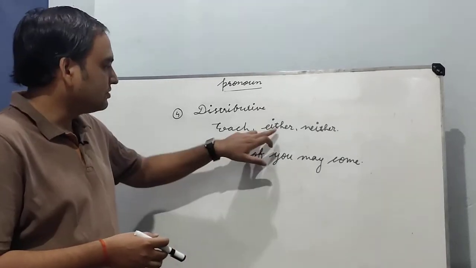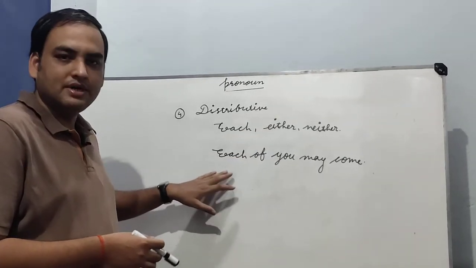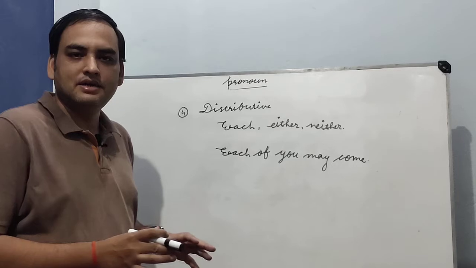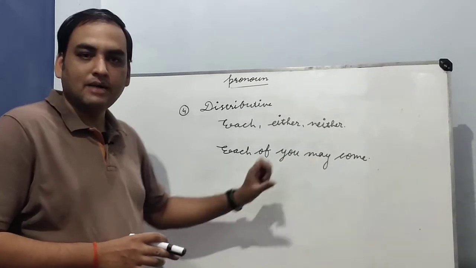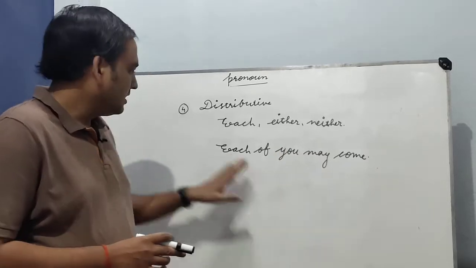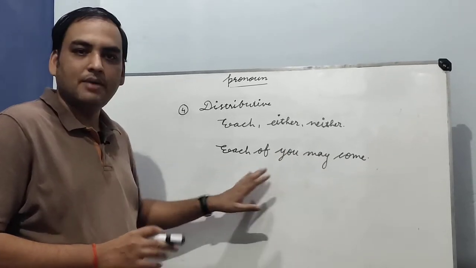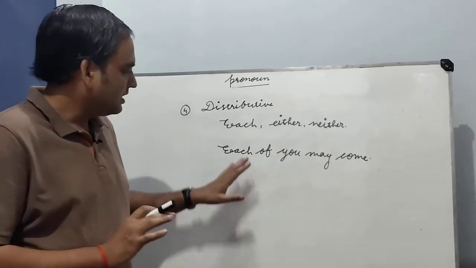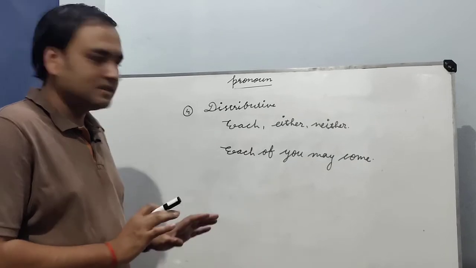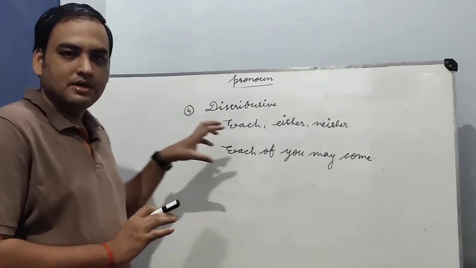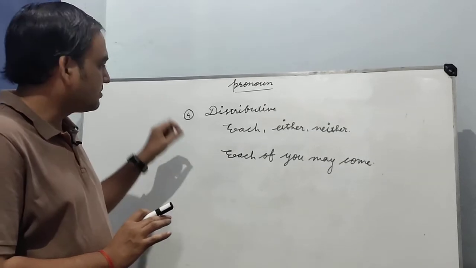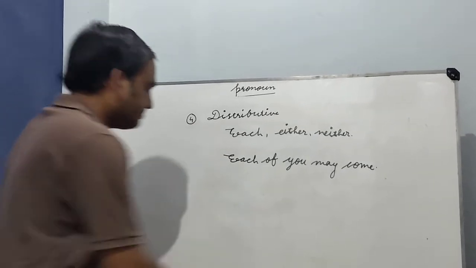Okay, if we are using either in the place of each, it means that automatically it is considered only two persons or two things. Either of you may come means आप दोनों में से कोई एक आ सकता है. Neither of you may come means आप दोनों में से कोई भी नहीं आ सकता है. Okay, so this is the case of distributive pronoun and we are using these pronouns in sentences.